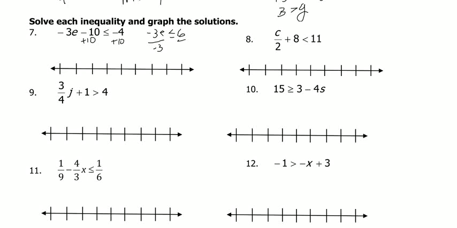We're dividing by negative 3, so that means we're going to go e greater than or equal to negative 2. So we put our negative 2 in the middle with a closed dot, and e is bigger, so we're going to go to the right. And there's that.